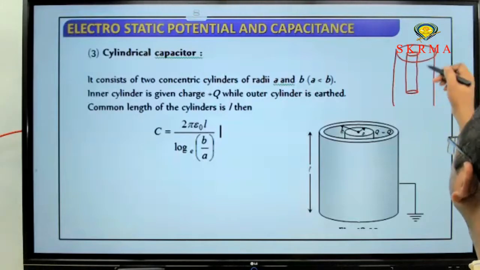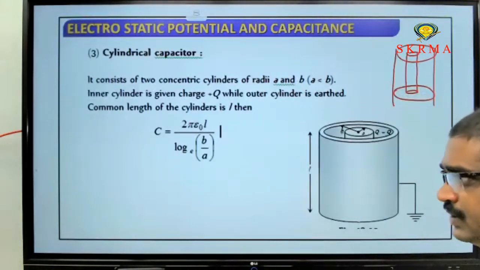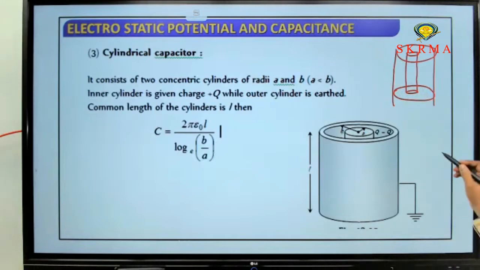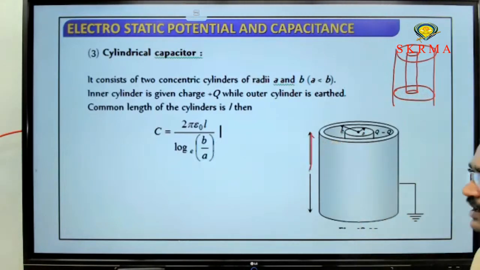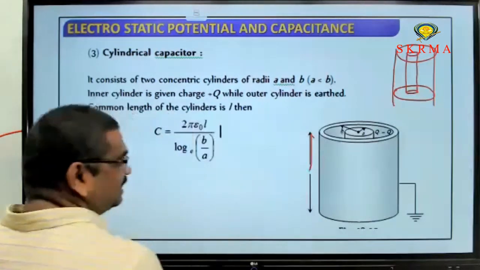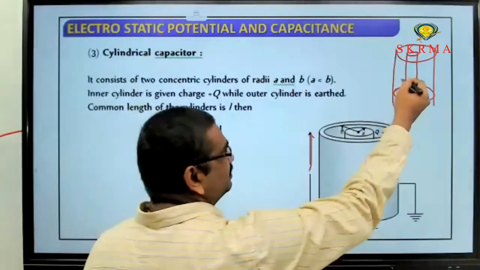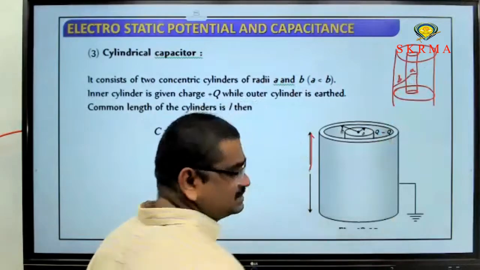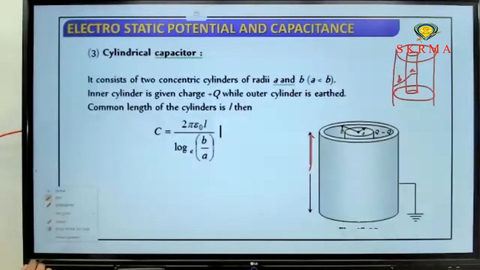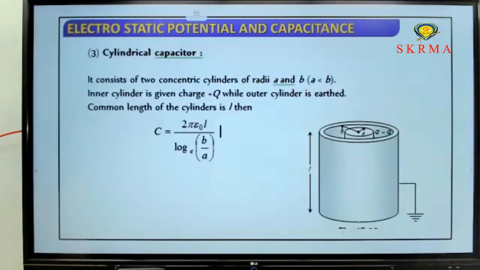This arrangement is called a cylindrical capacitor. Now assume that L is the length of the cylinder, A is the inner radius and B is the outer radius of the cylinder.